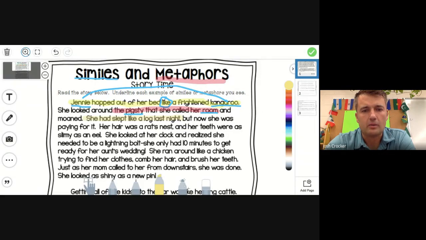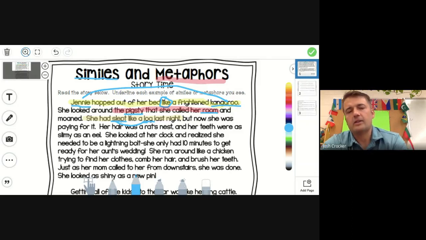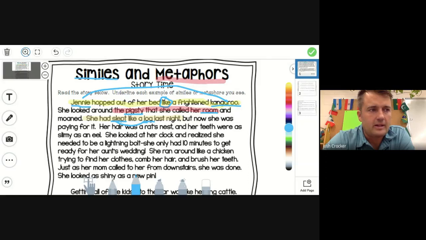Okay, so our comparison was sleep to log. Those are the two things we compared. And by saying that, the author is telling you that logs lay still. They don't move. They're not tossing and turning. They're not getting up. They just lay completely still. And so that was how she slept. Sounds like really good sleep. But now she was paying for it.